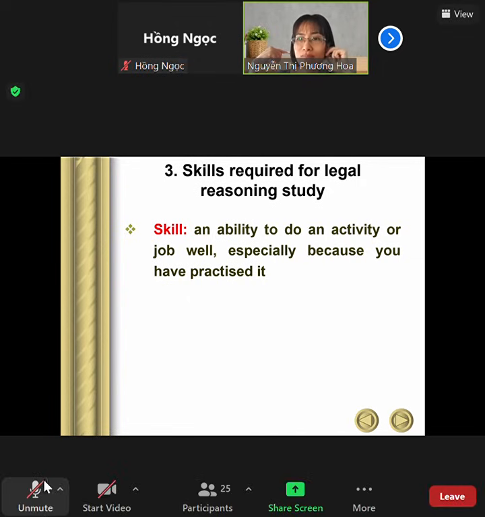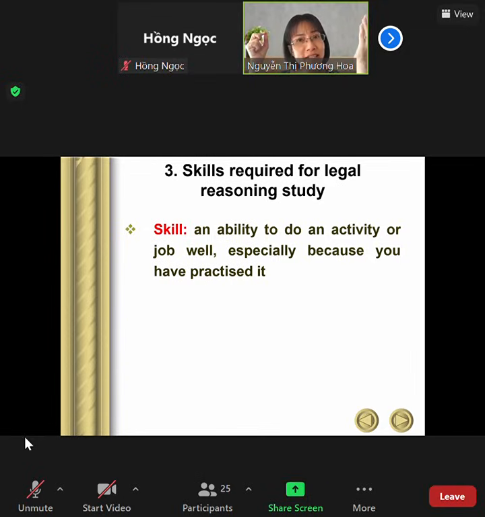What about thầy cãi? Luật sư means thầy cãi in the Vietnamese language, right? Previously they didn't call them luật sư, but thầy cãi. That is, lawyers are professors of arguments.